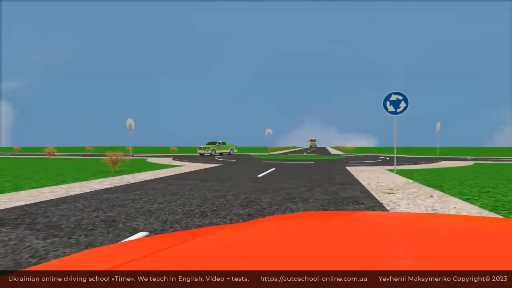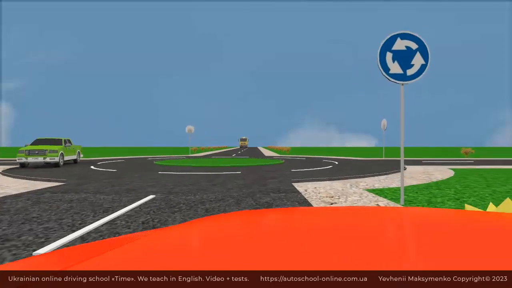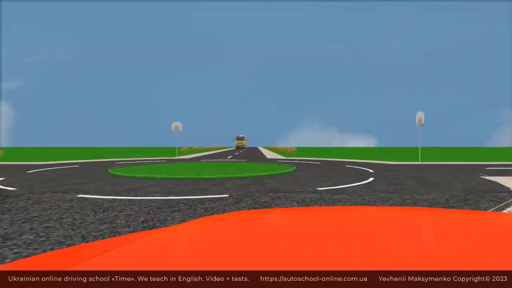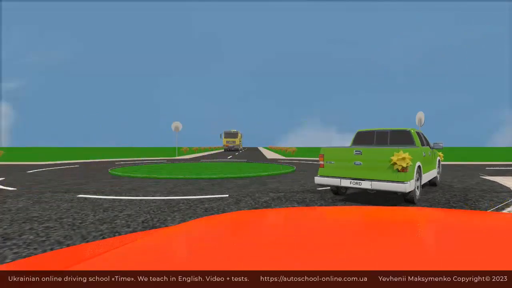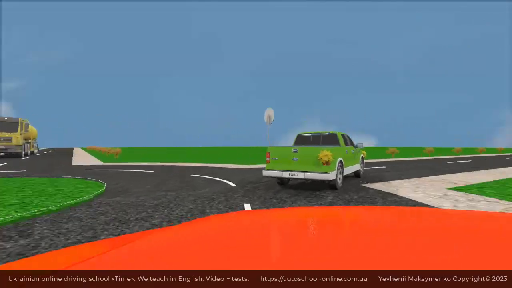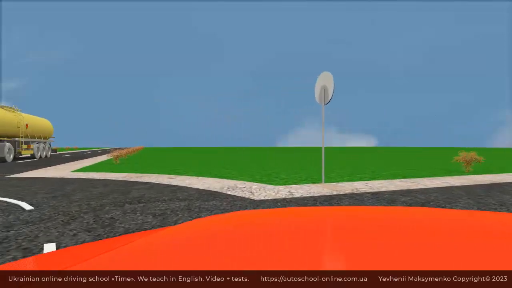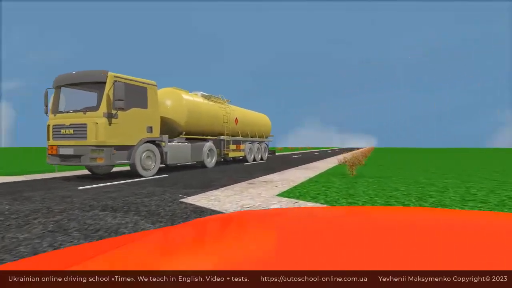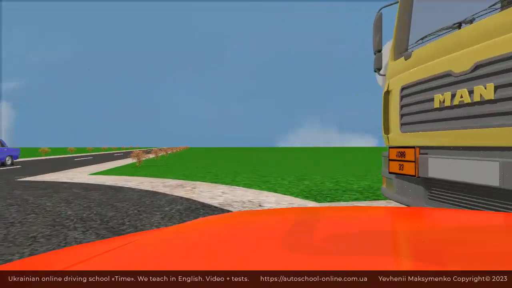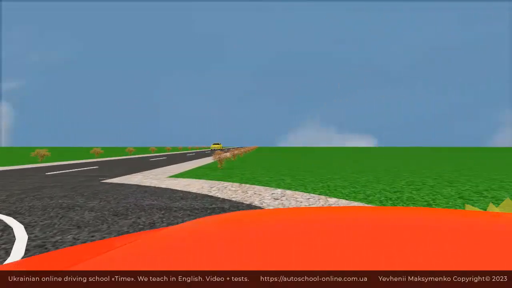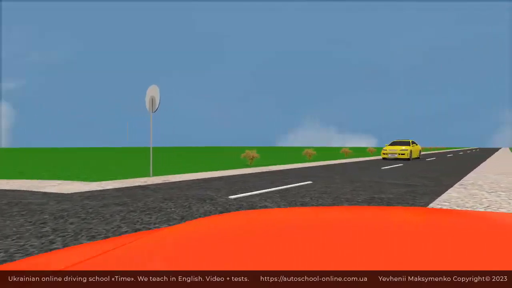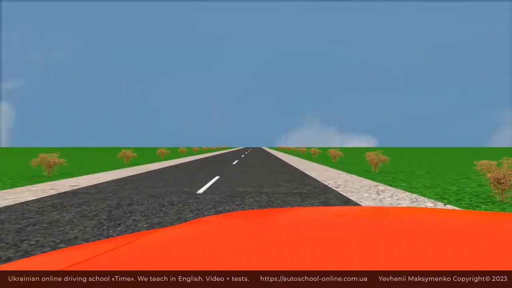Therefore, when you enter a roundabout, you should look left and give way to vehicles moving in the roundabout. But when you have already entered the ring, then you have the advantage. It is a circular roundabout.